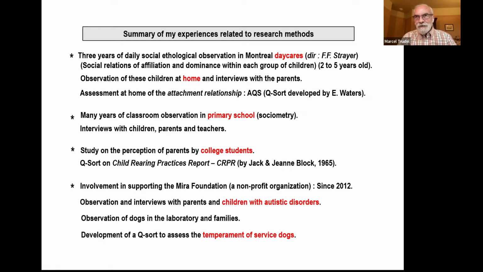And after, I asked the family, 6 months after they got the dog, to describe how the dog behaves at home in reference to the traits. And I visited the families many times to see what the impact of the dog on the children was.